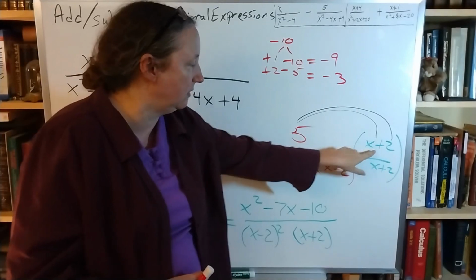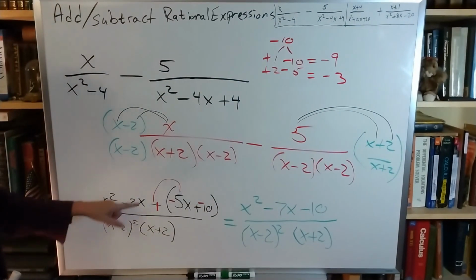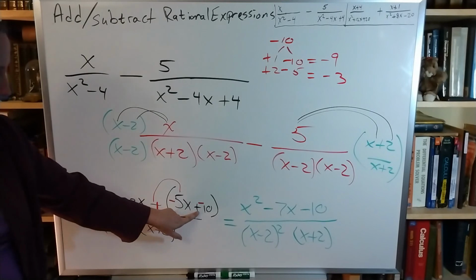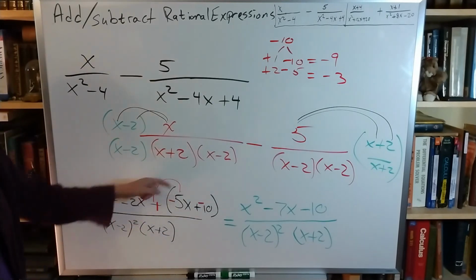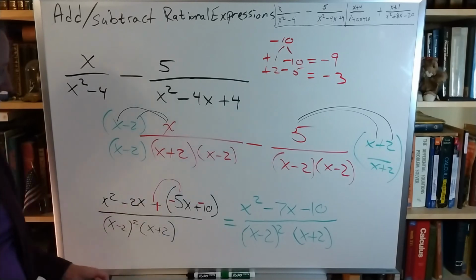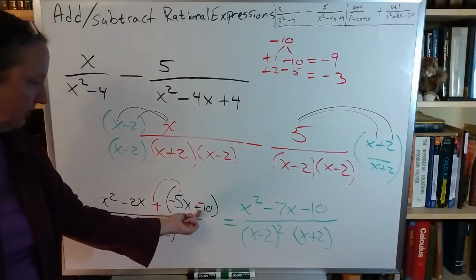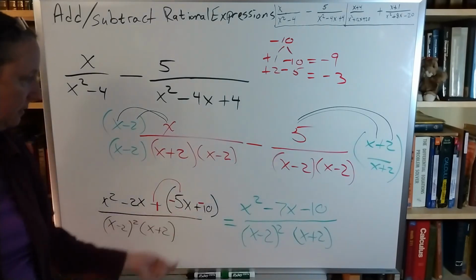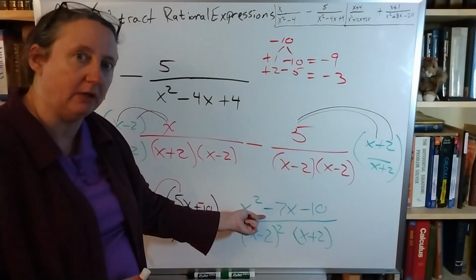I took the plus 1 over, and that gave me a plus and a plus, okay, but then I had to distribute the negative in, so that gave me a minus and a minus, yeah, okay. So minus 2 minus 5 is minus 7, and this should be a minus 10, yeah. So yes, this is right.